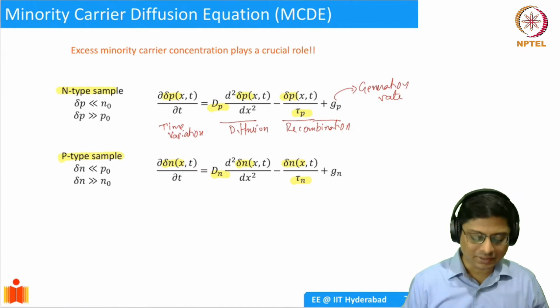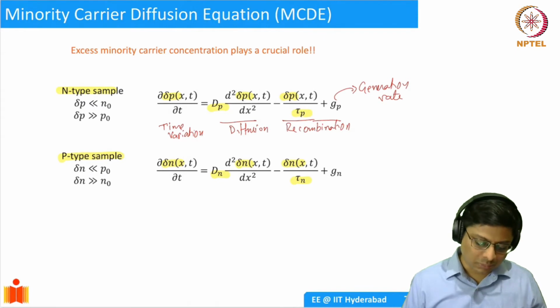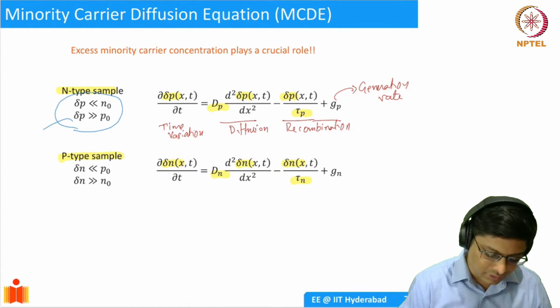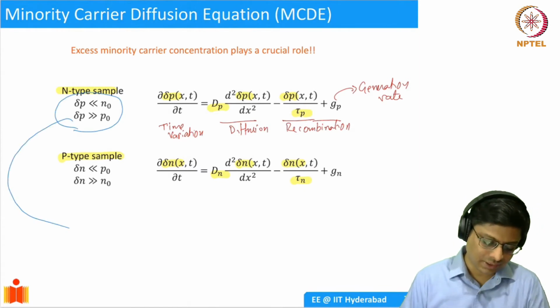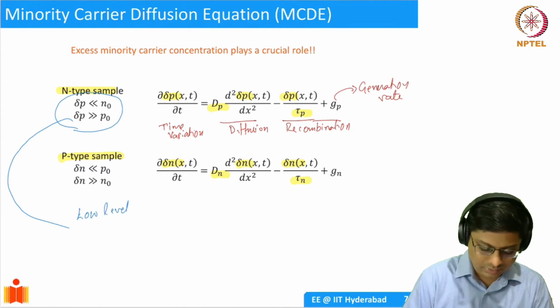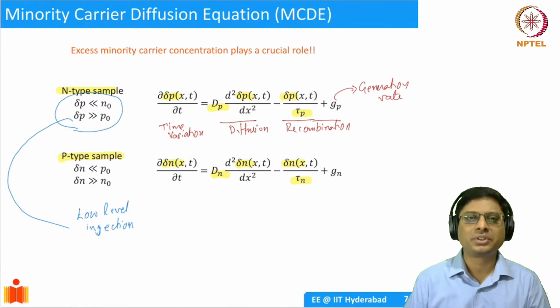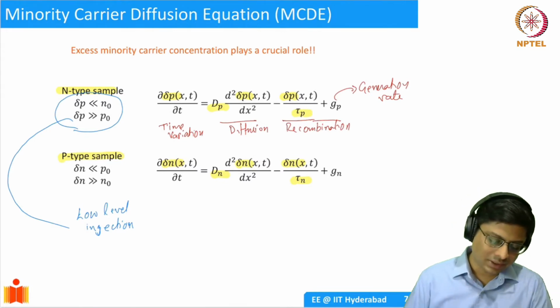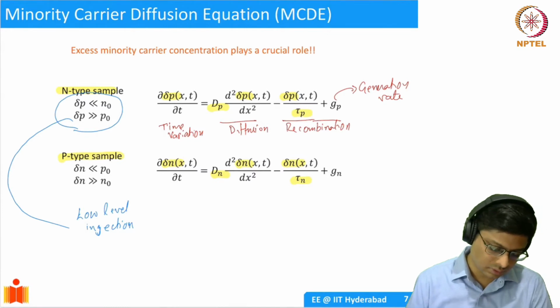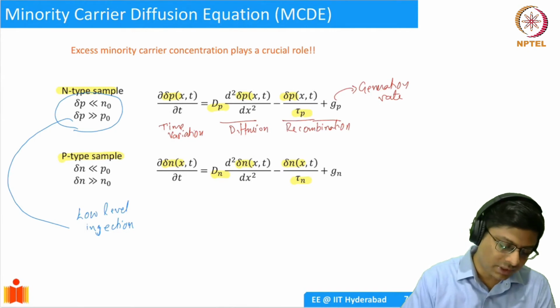Okay. Anyway, I also want to point out one specific case. This equation is valid essentially for what we call low level injection. By which I mean that the stimulus that is introducing these excess minority carriers is such that the minority carrier density itself is quite small compared to the majority carrier density.